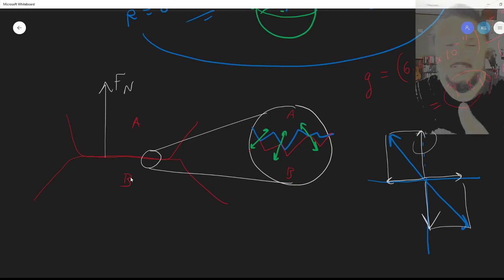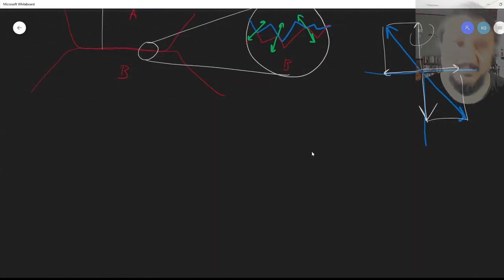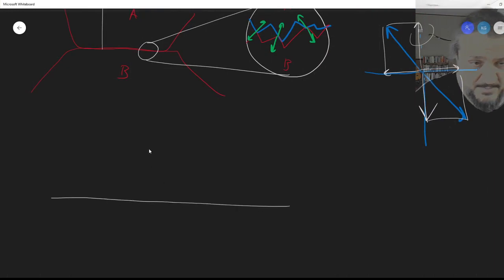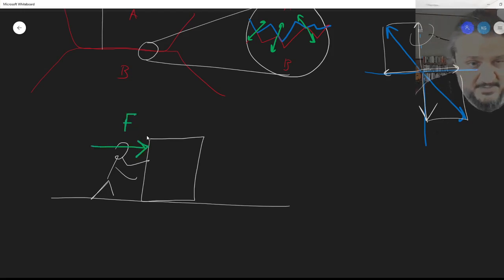Since we're not going to do this kind of supercomputing task, what we do is only represent that net force by a friction force. So here's the box that your little brother is trying to push, but it's not moving yet. Here's the force that he exerts, F external, and then there's a friction force, F, that resists it.